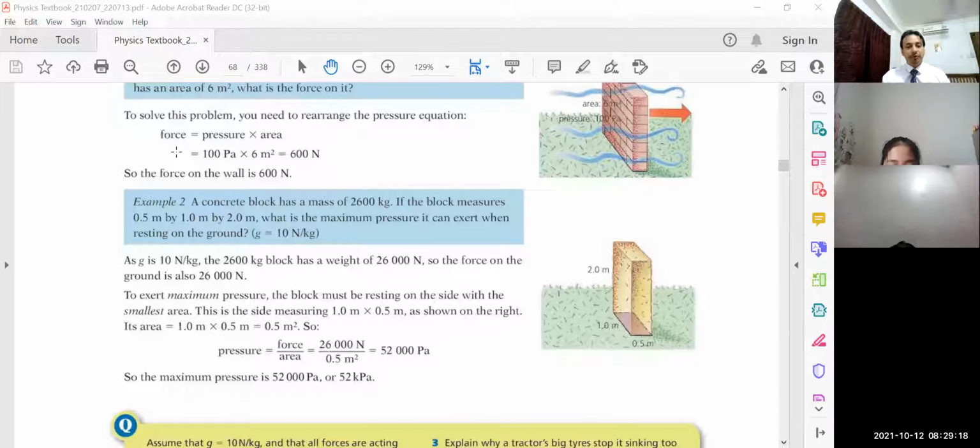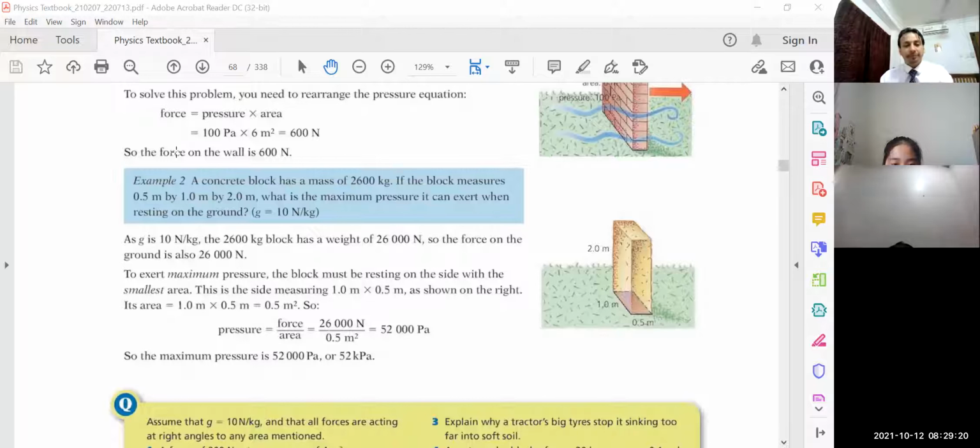What do we have in example number 2? A concrete block has a mass. Mass is given. Now, children, remember, force is not given, but mass is given. And the block measures 0.5, 1, 2, these dimensions are given.